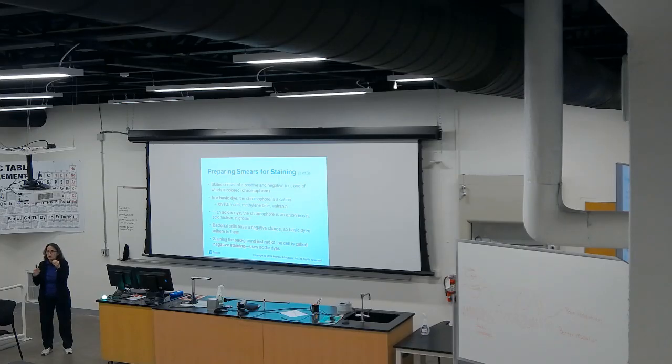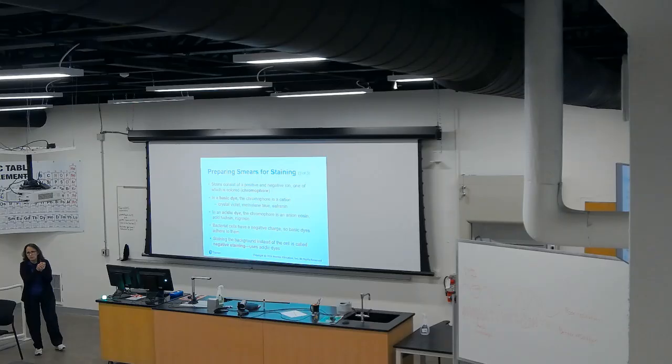And that negative charge will attract the positive charge from the basic dyes. So most of the stains then that we use to stain the cytoplasm, or all of them I would say, they are basic. And we're talking about not fluorochromes, which is different than these acid or basic dyes.